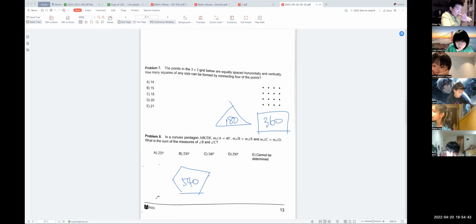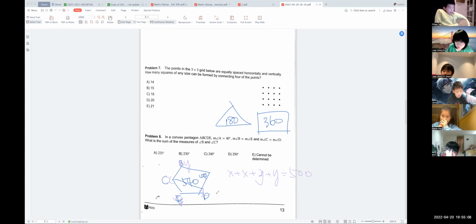Because we know one of them is 40. And B and E equal each other, and C and D equal each other. If I say C and D is X, and B and E is Y, then X plus Y plus Y equals 500 degrees, correct?